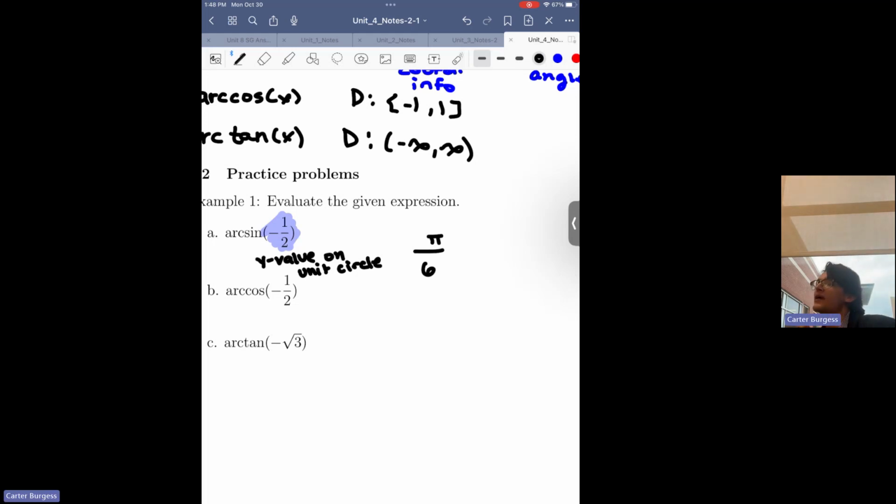Now, where are we going to find negative y? Quadrant 3 and 4. So what would the example be for our pi over 6 angle in quadrant 3?